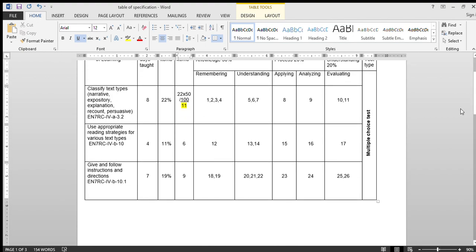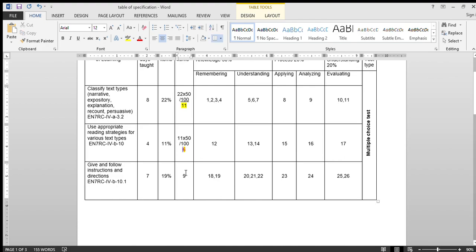Proceed. Same process for the second competency, which has 11% of items. So 11 multiplied by 50 items again, divide by 100, it will equal 6.